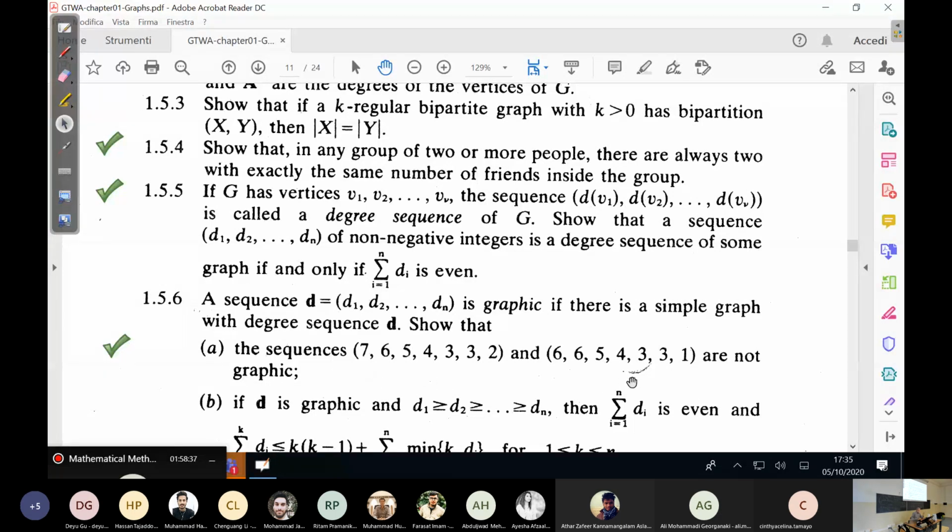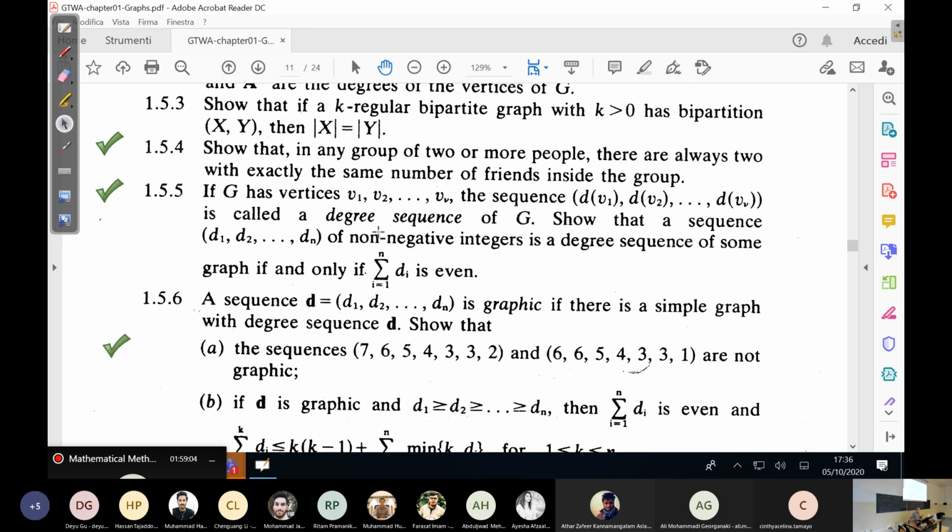These are two examples that we discussed last time. These are two examples of sequences which have even sum, and they are surely degree sequences of a graph, of several graphs, but at least one graph which is surely not simple.